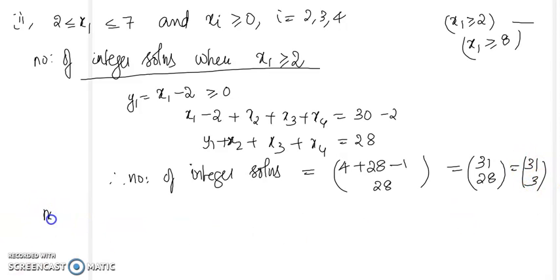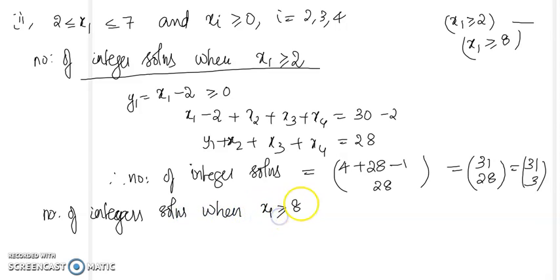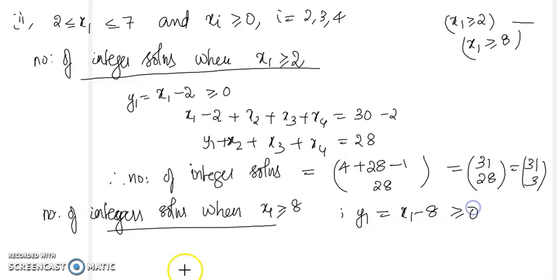Then the second case, when you have the number of integer solutions when x1 is greater than or equal to 8. So let us take y1 equal to x1 minus 8, that will be greater than or equal to 0.